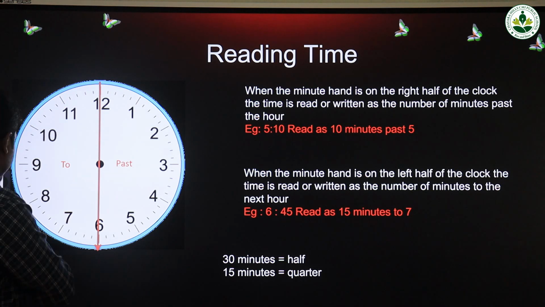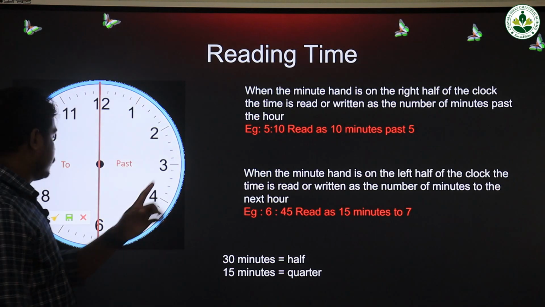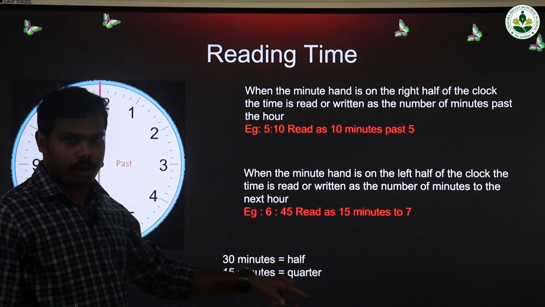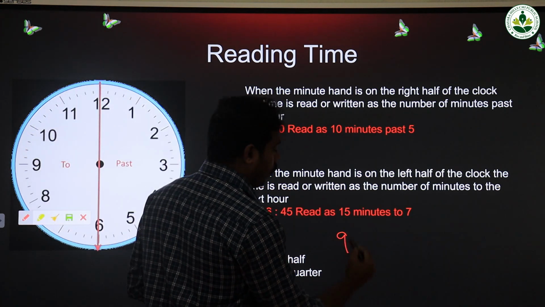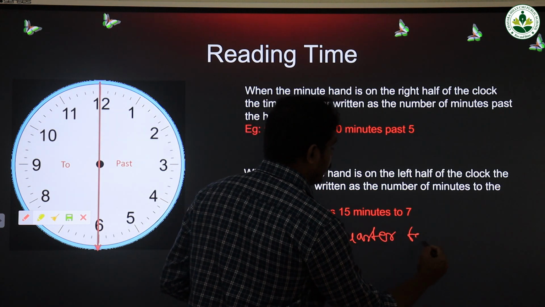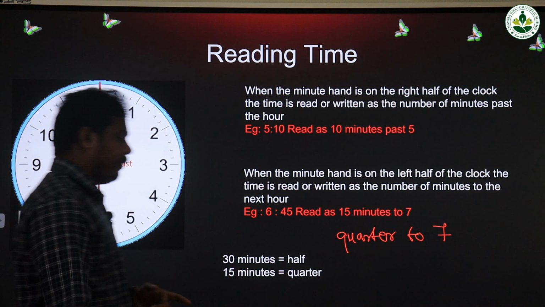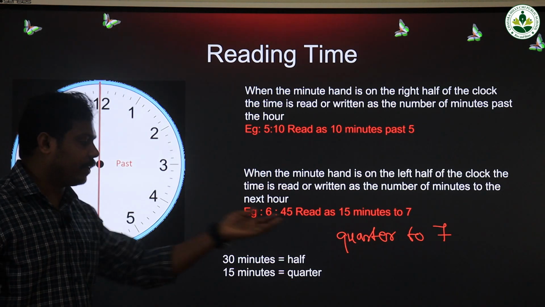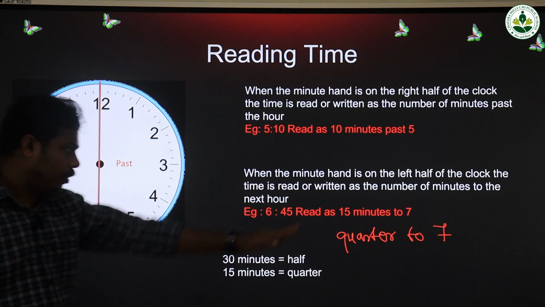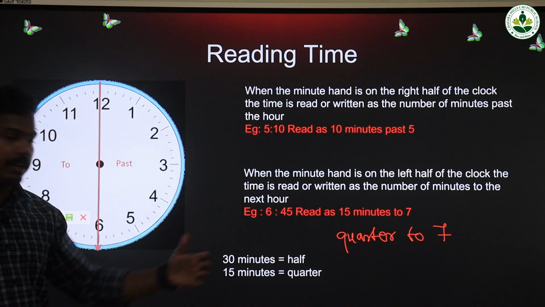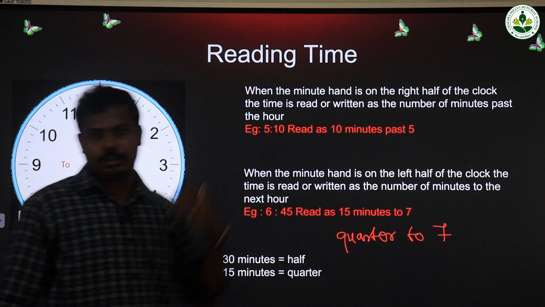That means here we can write 45 minutes to 7. 45 minutes means quarter. So we can rewrite it as quarter to 7.